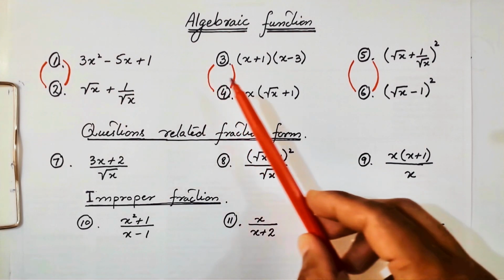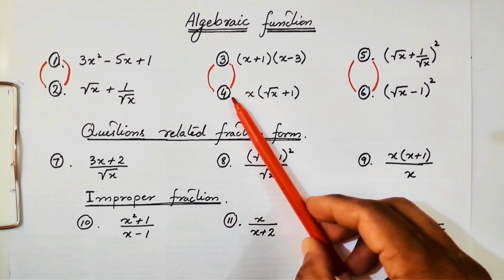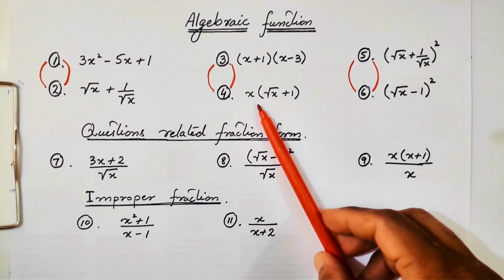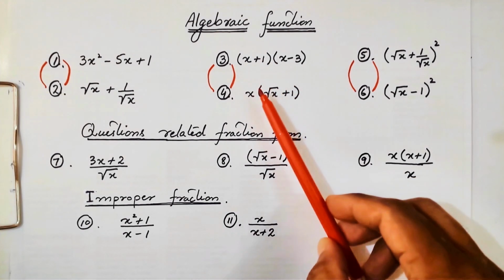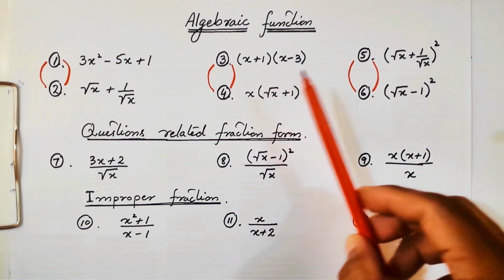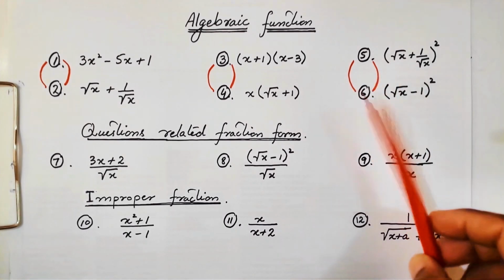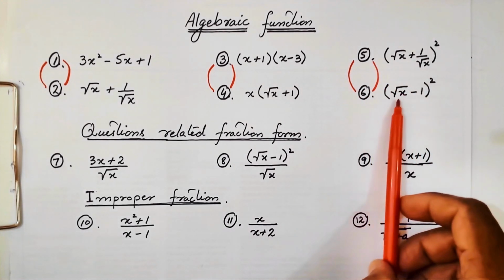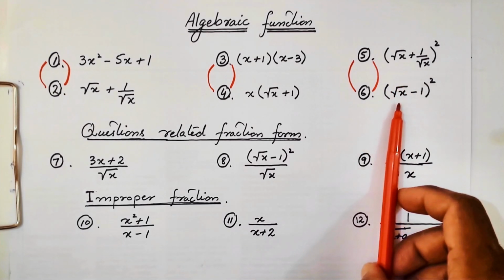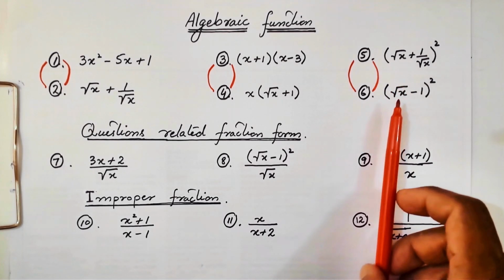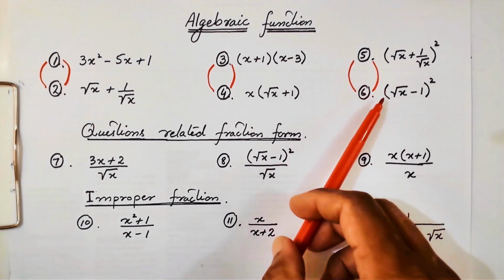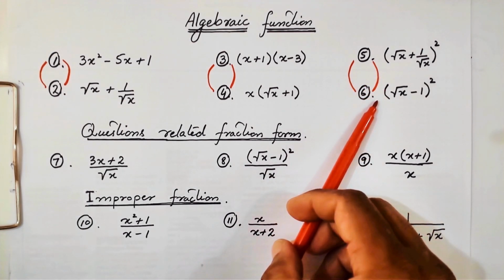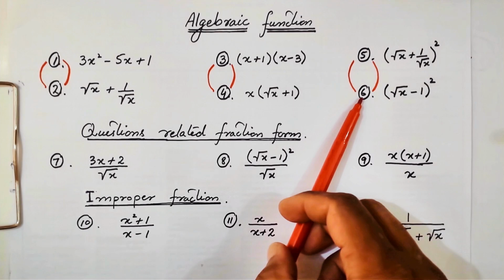After that we will do questions 3 and 4, both in product form. Then we will check the questions related to binomial form. First we will expand these brackets either using a formula or any other way. We will simplify these and find the integration of questions 5 and 6.